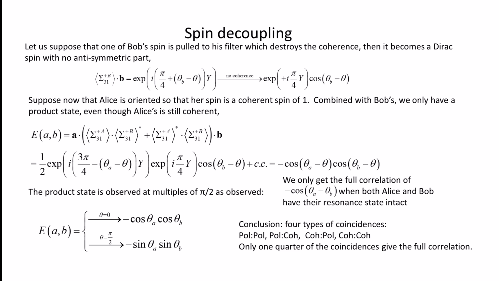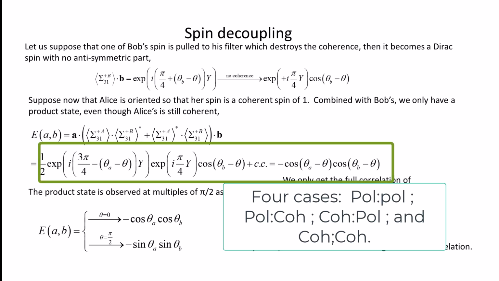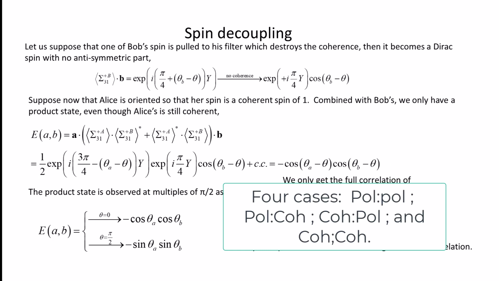They are polarization polarization, polarization coherent, coherent polarization, and coherent coherent. That means that only 1/4 of the coincidences give the full correlation, that is, the coherent coherent terms. Shown here, however, is a coherent polarized case. The previous slide showed the coherence coherence, which gave the full minus cosine term.